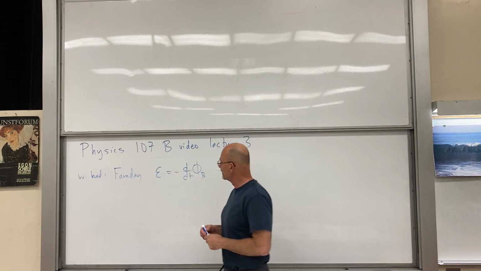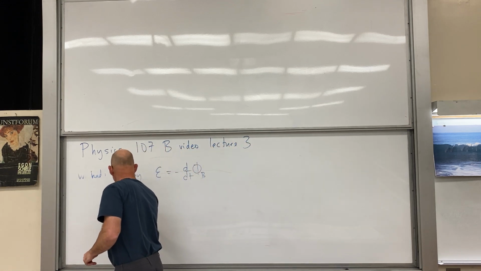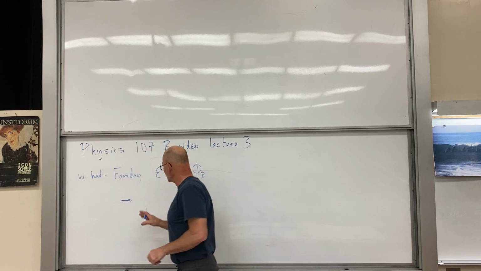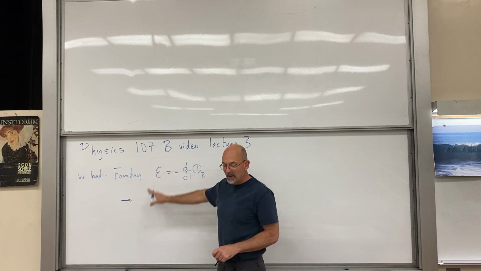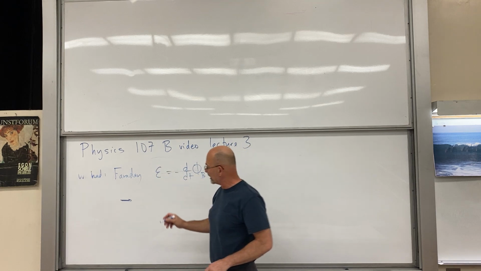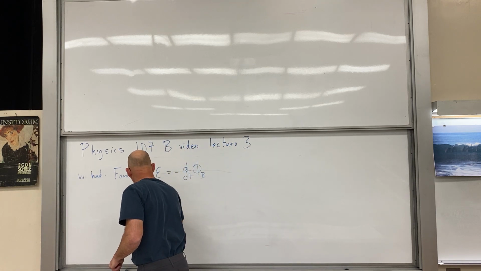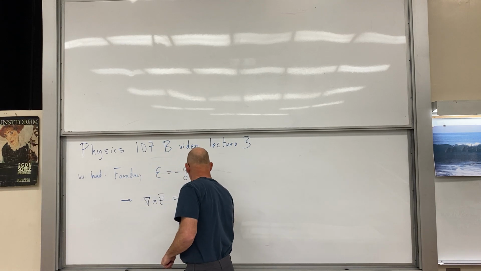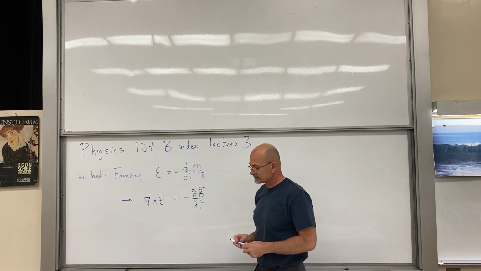And we turn that into a differential equation. So this was E dot dl when you integrated it, and so we ended up with eventually curl of E equals minus the time derivative of the magnetic field.